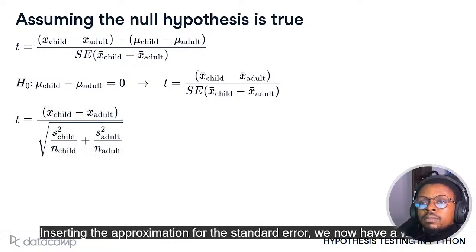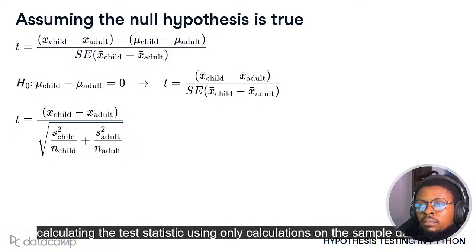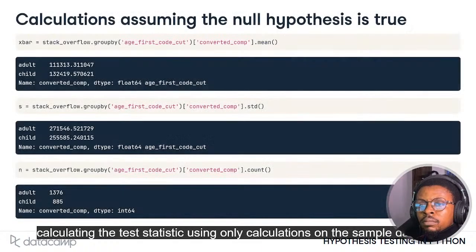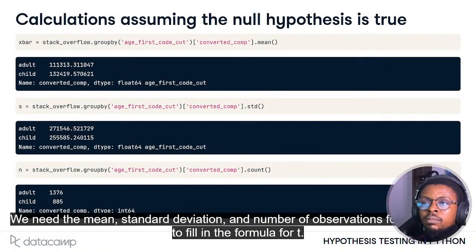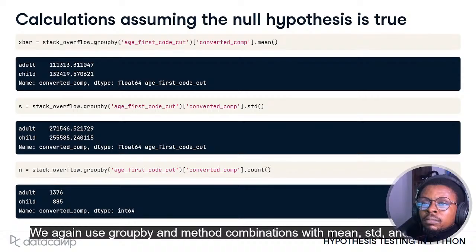Inserting the approximation for the standard error, we now have a way of calculating the test statistic using only calculations on the sample dataset. We need the mean, standard deviation, and number of observations for each group to fill in the formula for t. We again use group by and method combinations with mean, std, and count.